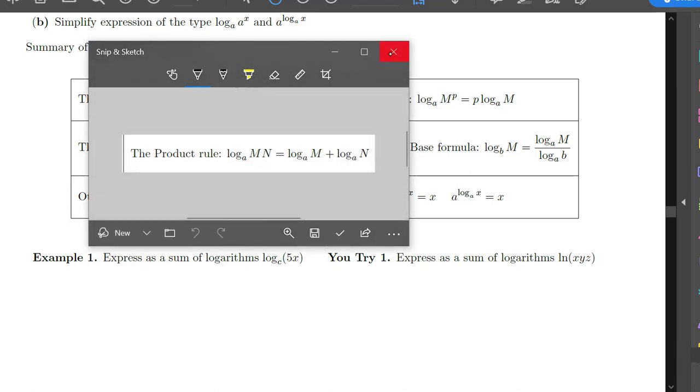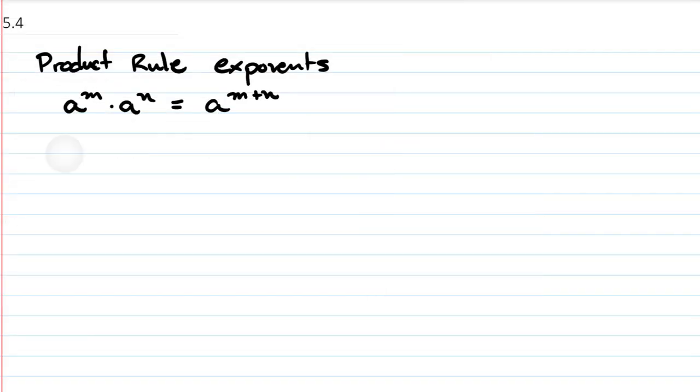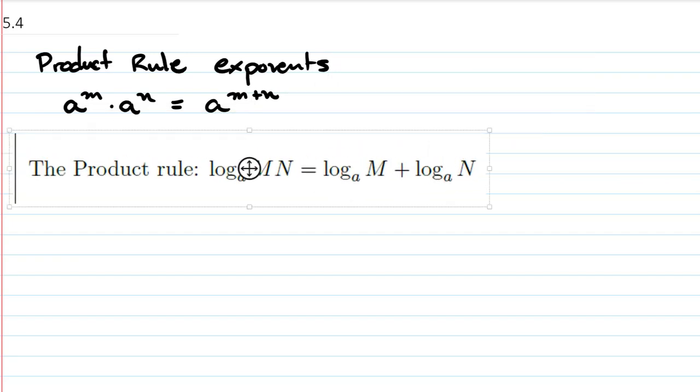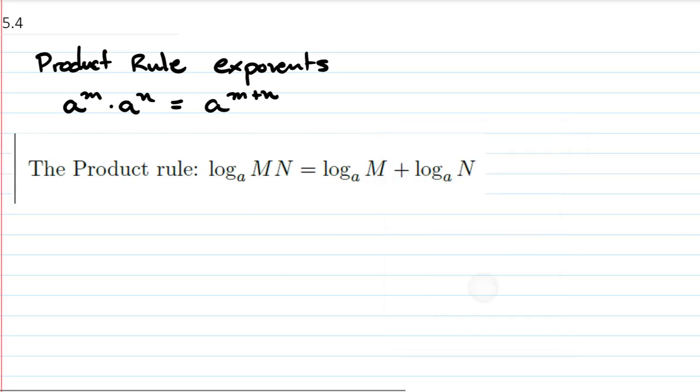So one of the key things we want to remember is that logarithms are exponents. And we'll notice that in this, the logarithms do what the exponents do. So if we're multiplying two things together with the same base, we're going to add the logarithms because the logarithms behave as if they are exponents.